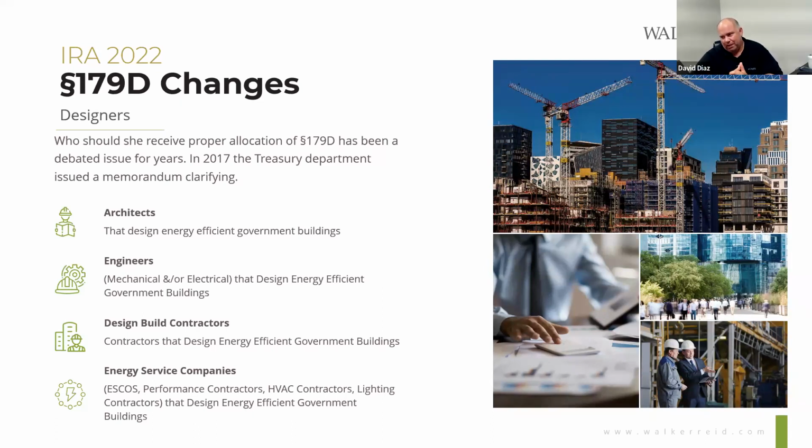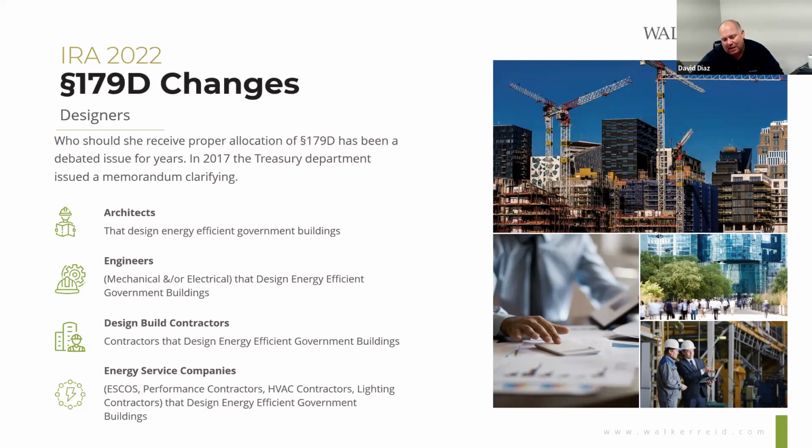When it comes to 179D, there's really two sides of the coin when it comes to the applicability. There's what's called the private sector side. It's a fixed asset based transaction on that side.